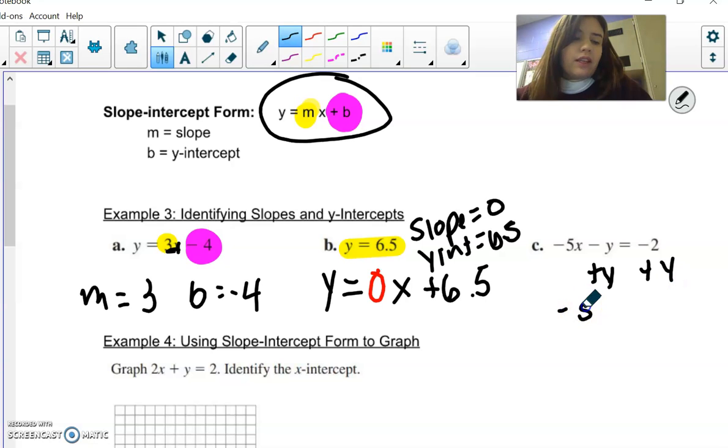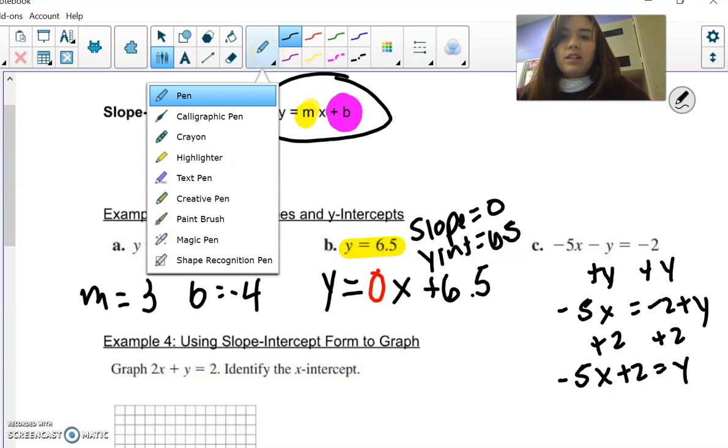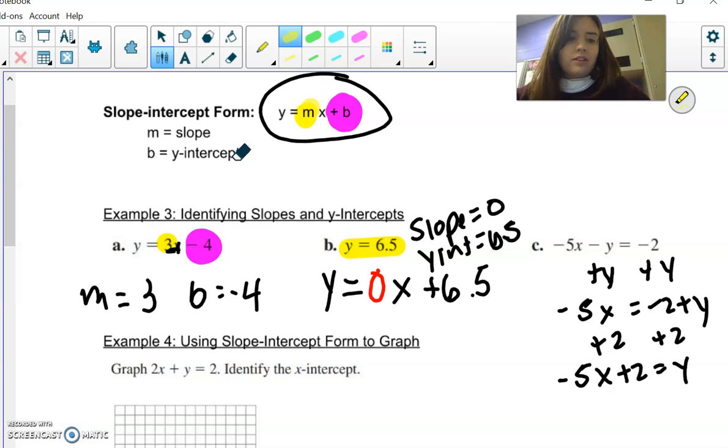So now I have negative 5x equals negative 2 plus y. Now I've got to move that 2 over. I'm going to add 2 and get negative 5x plus 2 equals y. From here it should be pretty easy to identify m. It's x's coefficient, right here, negative 5, and b is our positive 2.